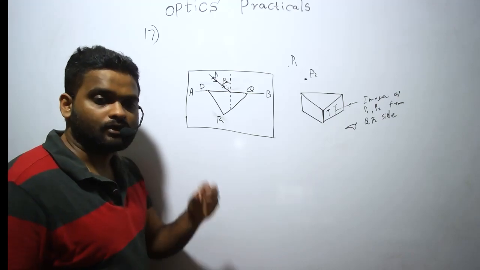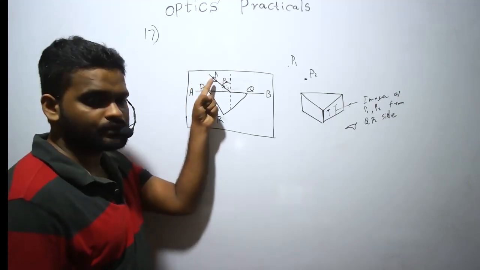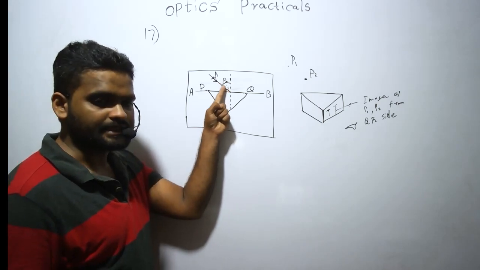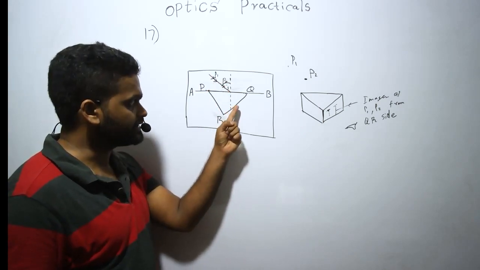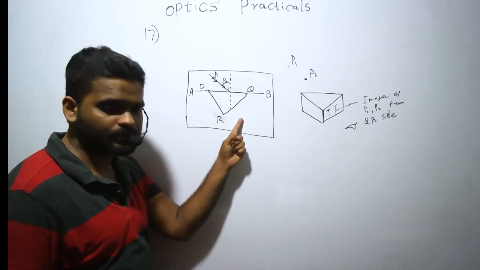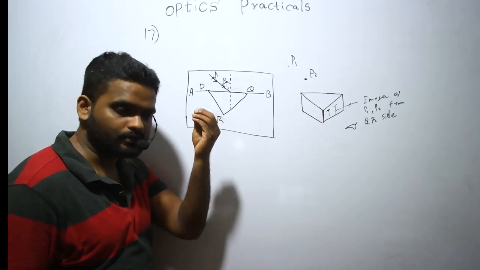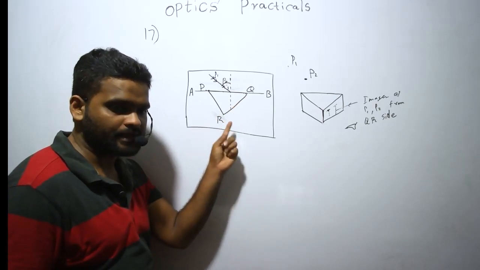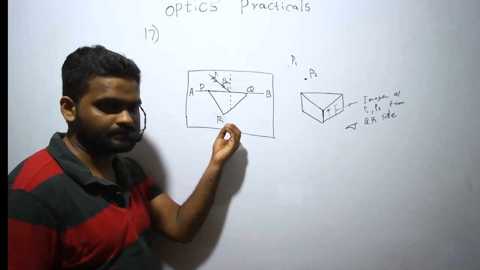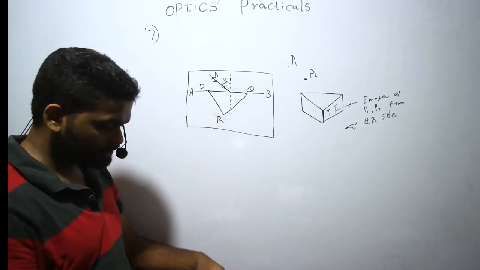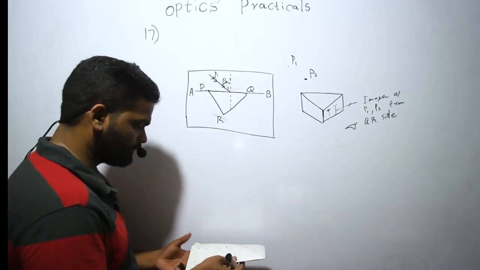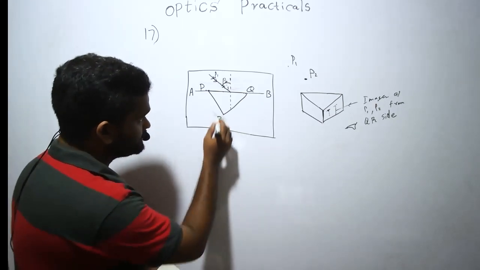Here the goal is, you know that this ray is incident here, then emerges from this side. So what you have to find is the path of this emerging ray. That is the goal here. Okay, listen carefully to what actually happens here. I'll just draw this again.